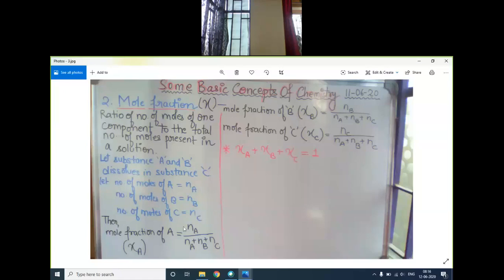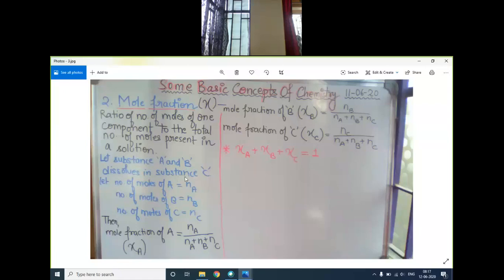This is the notation, because we do not know how many moles are there, so it is just a notation because we are going to frame the formula. So first of all, we are taking 3 components in a solution.